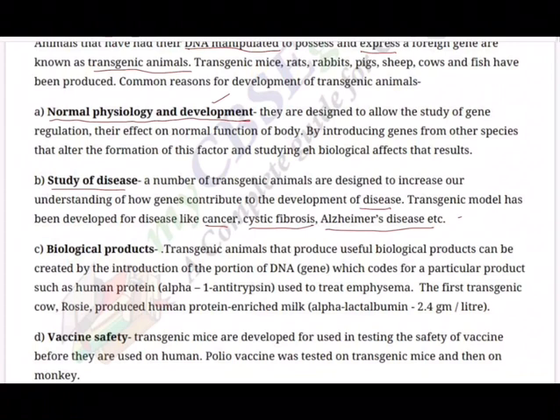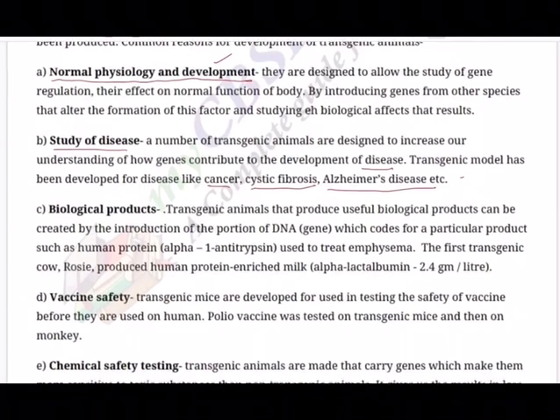These are specially made to serve as models for human diseases so that investigation of new treatments for diseases is made possible. That means we are making these transgenic animals as models for probable study of such a disease in human beings. That is the purpose of it. So today, transgenic models exist for many human diseases such as cancer, cystic fibrosis, rheumatoid arthritis, particularly because many people are suffering with rheumatoid arthritis, and of course, Alzheimer's is becoming unfortunately very common nowadays.